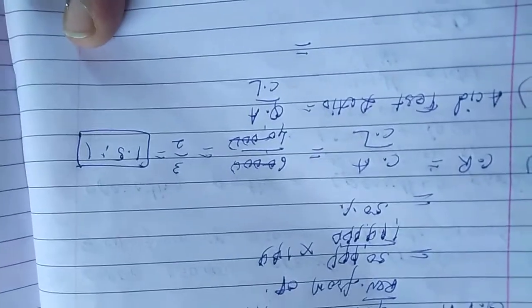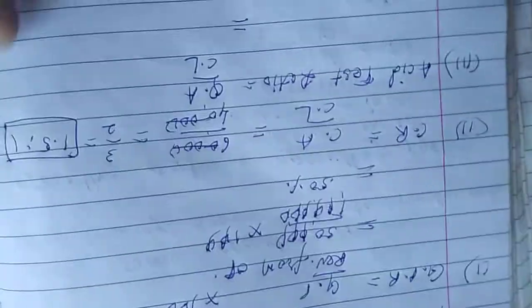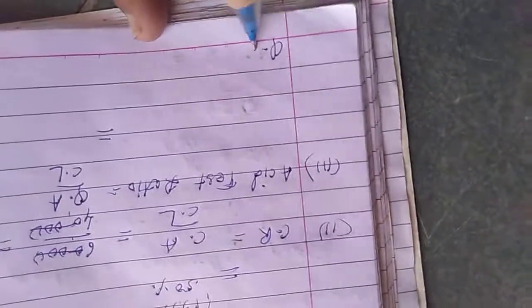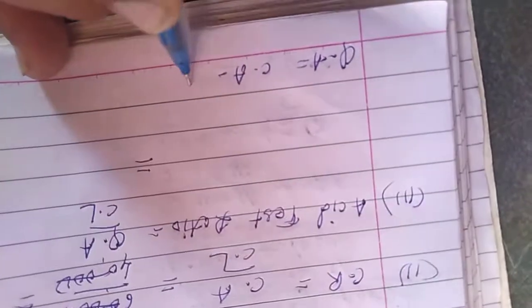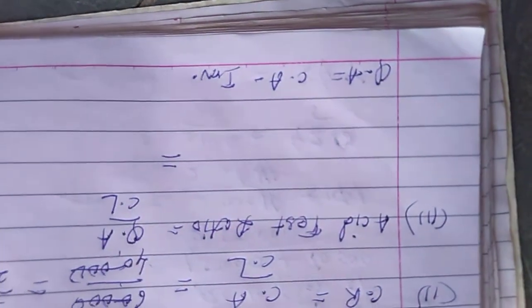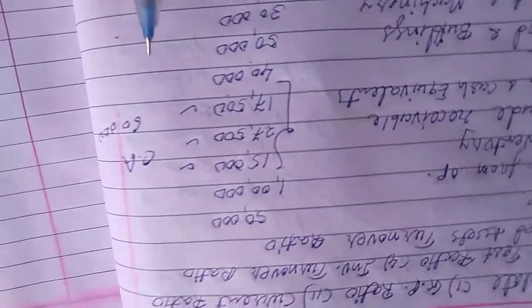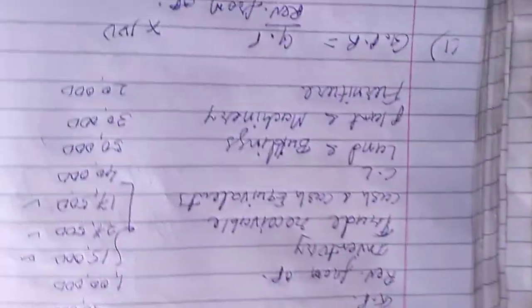And you know how to find quick asset or liquid asset. From current asset, quick asset is current asset minus inventory minus prepaid expense. But here only current asset and inventory are given, no prepaid expense.